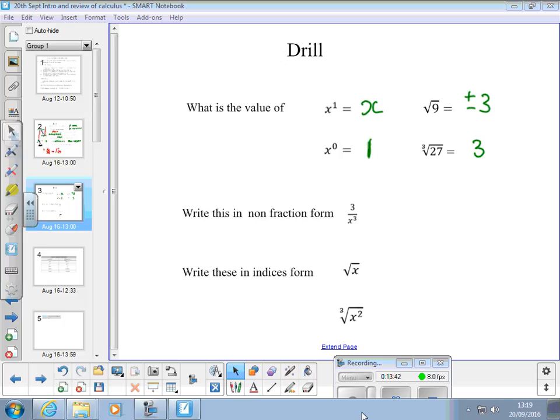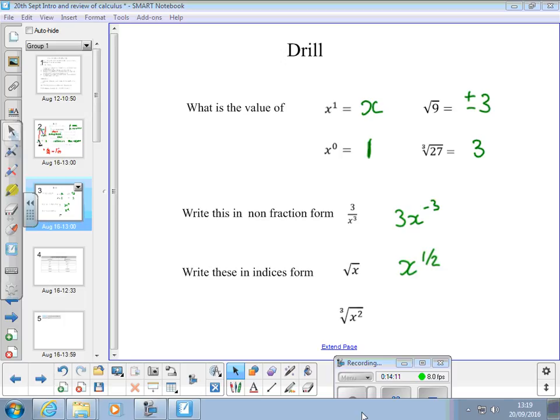What about this one in non-fraction form? So we get rid of the fraction. 3x to the minus 3. Yeah, the x to the 3 comes up on top and becomes a negative. How do we write the square root of x in indices form? X to the power of a half.